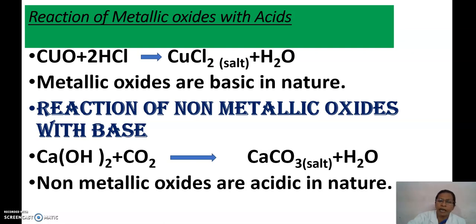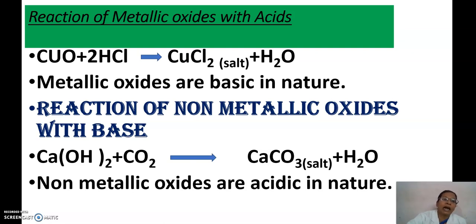We study different types of reactions: combination reaction, displacement reaction and double displacement reaction, and this is one more reaction, that is neutralization reaction. In neutralization reaction, acid reacts with the base and the products are salt and water. So here you know that metallic oxide, copper oxide, is a base and hydrochloric acid is an acid.